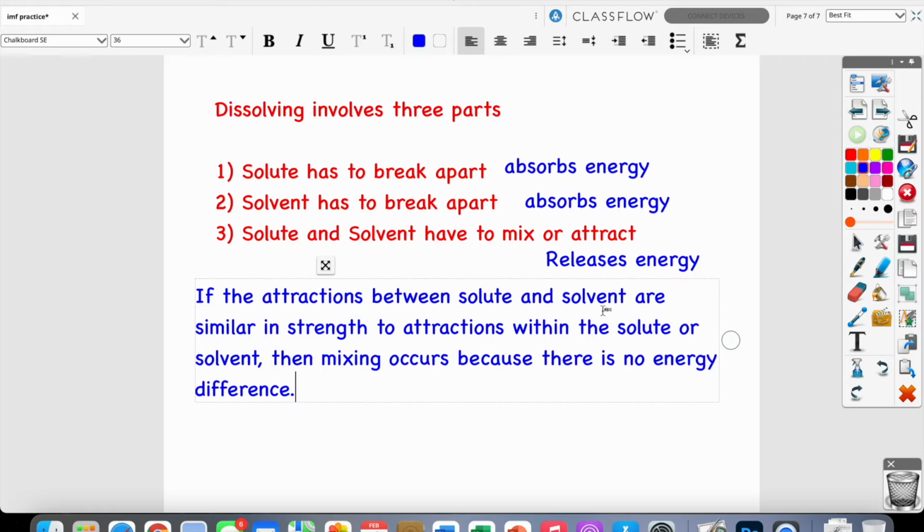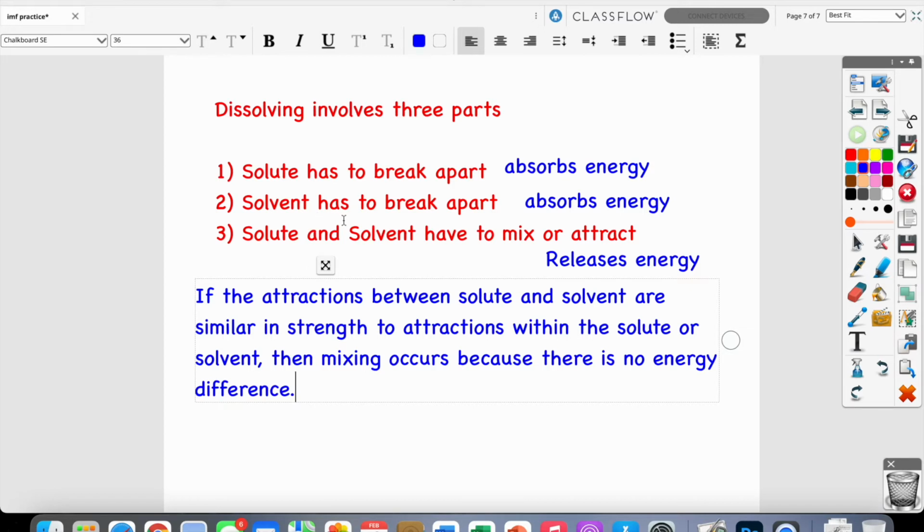And the same thing happens here. If we have nonpolar substances and we try to dissolve them in water, the attraction between the water particles is much stronger than the attraction between water and nonpolar substances. And so the water simply stays together and doesn't break apart to accept it in.